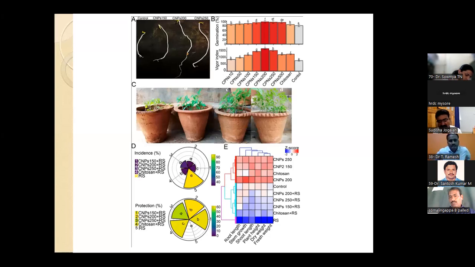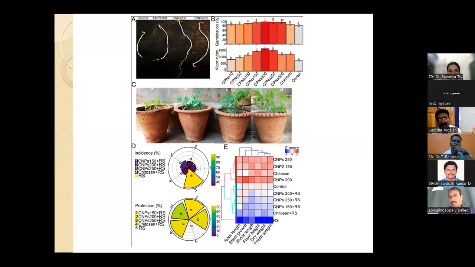And we have also found that priming with the synthesized, plant-based nanoparticles boosts the emergence of the seedlings, and we got 3 to 4 days early emergence in the treated plants compared to the control plants. We have also tested for this spatiotemporal induction of systemic resistance in the plants.